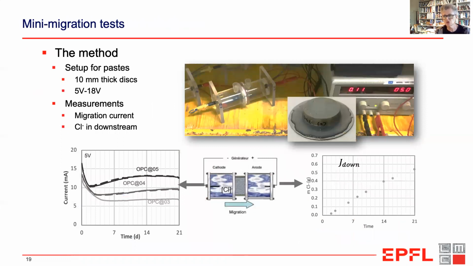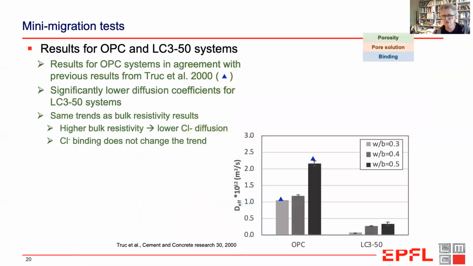And the other measurement of transport we made was to use these mini migration tests. This paper has also been submitted for publication, so hopefully you'll be able to read it soon. Here we looked at the current passed, but we also looked at the chloride accumulating in the downstream cell. And we could get the effective chloride diffusion coefficient from this. And again, we see this very dramatic difference between the two systems.